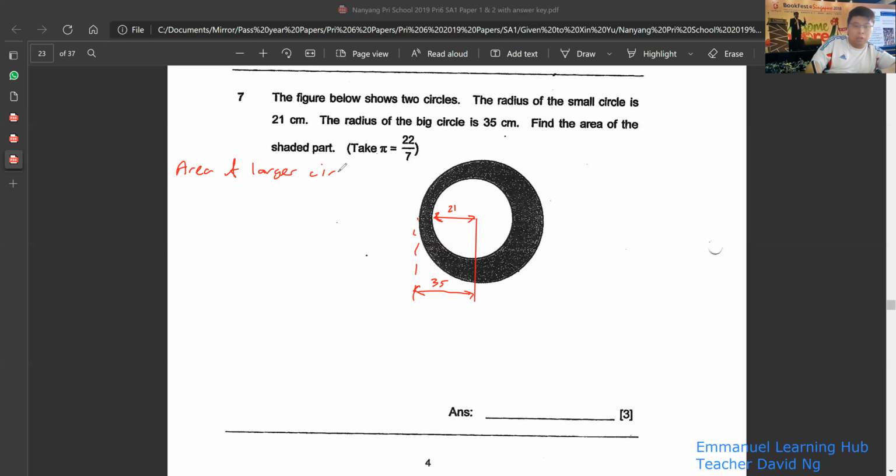Okay, larger circle. So how to find area of the larger circle? How to find? Not asking you for the final answer, asking you how to find. You tell me what times what times what. So I know you understand.